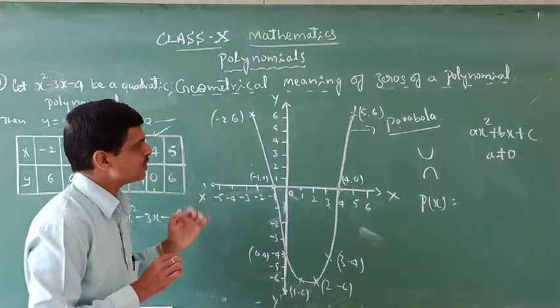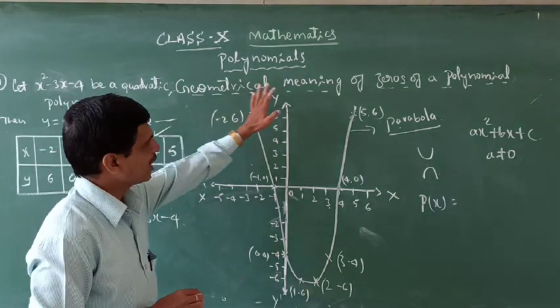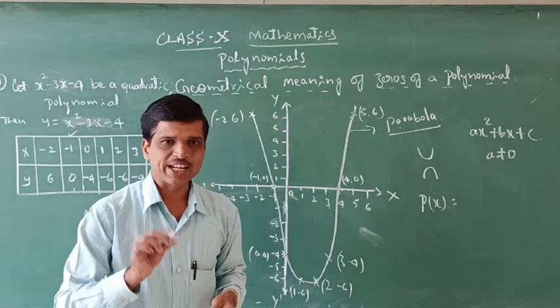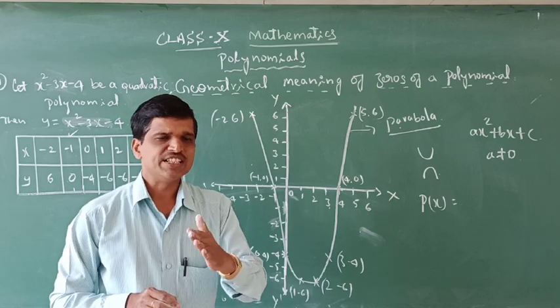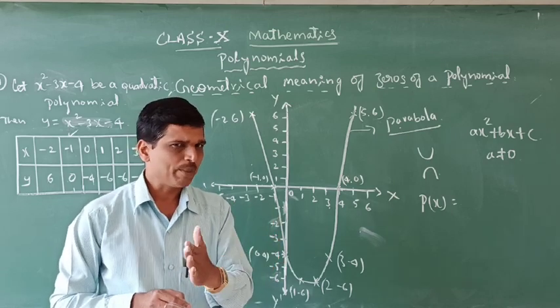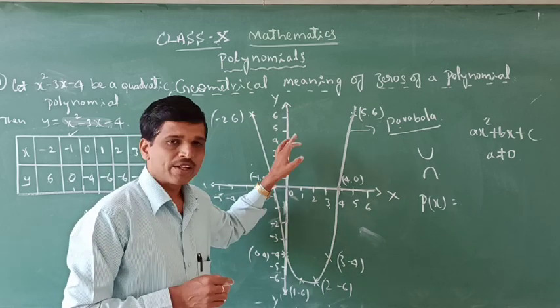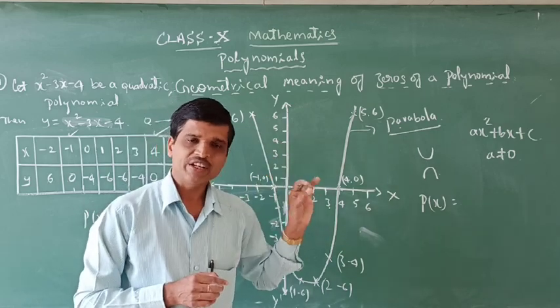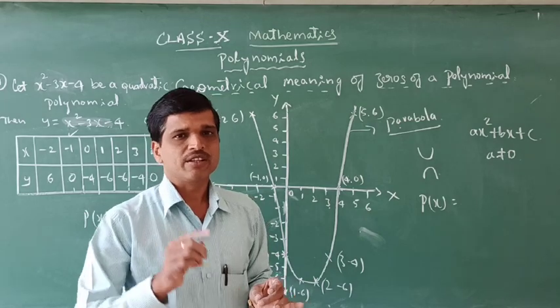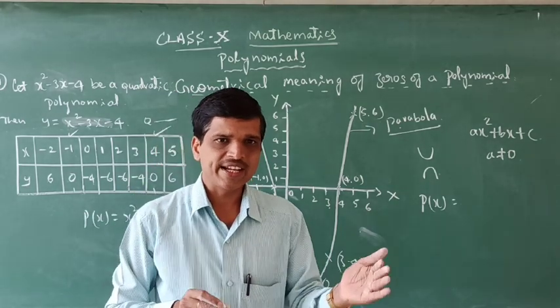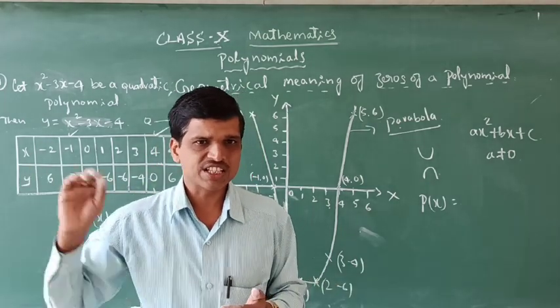Hence, the conclusion for the geometrical meaning of the zeros of a polynomial is this. Generally, consider a polynomial p of x. On a graphical representation, the graph may be a straight line, a parabola, or any other structure.